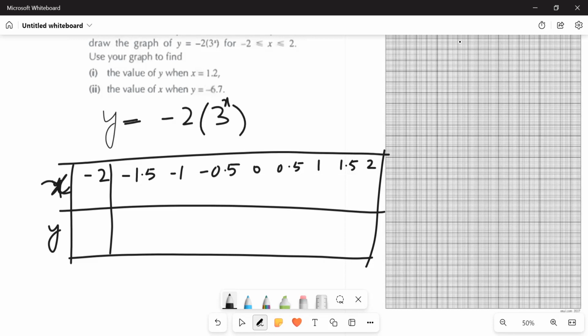Why is there an error? I think we have to write the bracket sign here. Wait. Start from -2 and add 2, and the difference of 0.5.